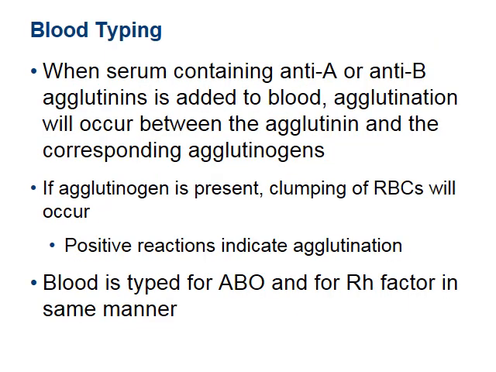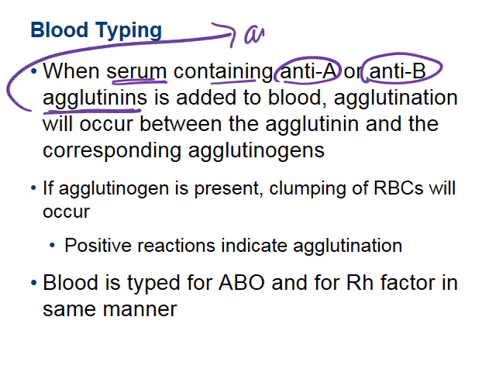So hopefully by now some of these A words will make a little bit more sense. When a serum containing anti-A or anti-B agglutinins is added to your blood, what does that mean? Agglutinins means antibodies.